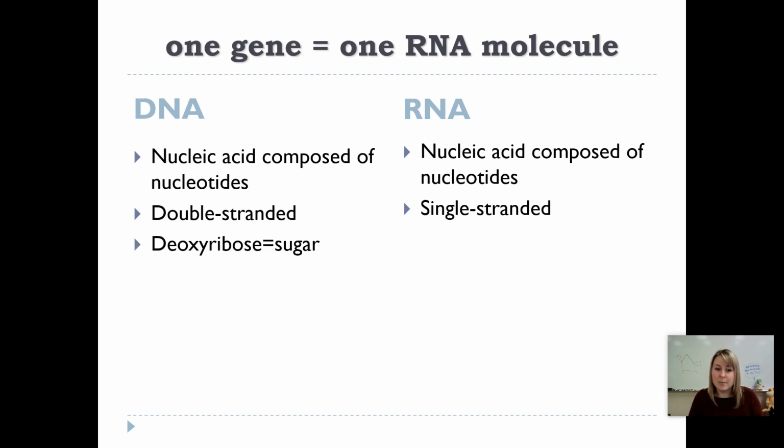The DNA is made up of a deoxyribose sugar in its nucleic acid, whereas RNA uses a different sugar. Not that important, but it is a structural difference. DNA has a thymine as one of its bases, whereas RNA has uracil instead. The others are the same. So the A and the G and the C are the same.